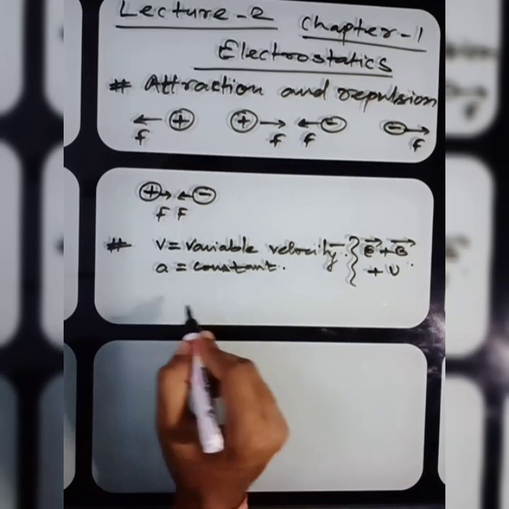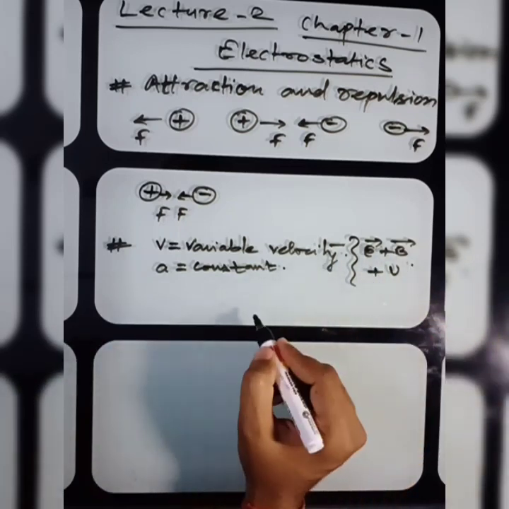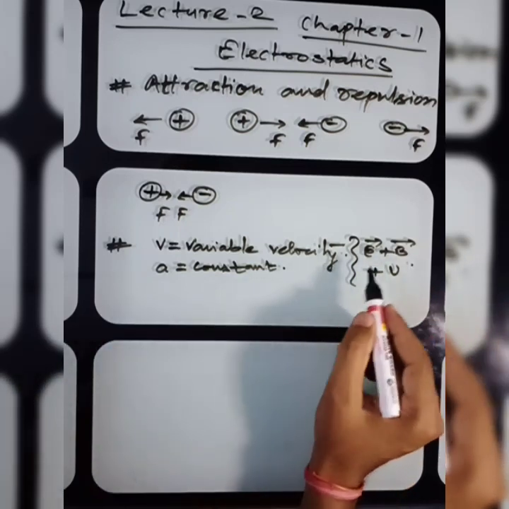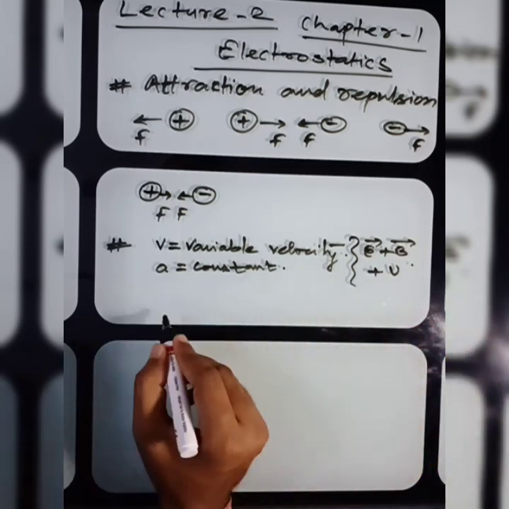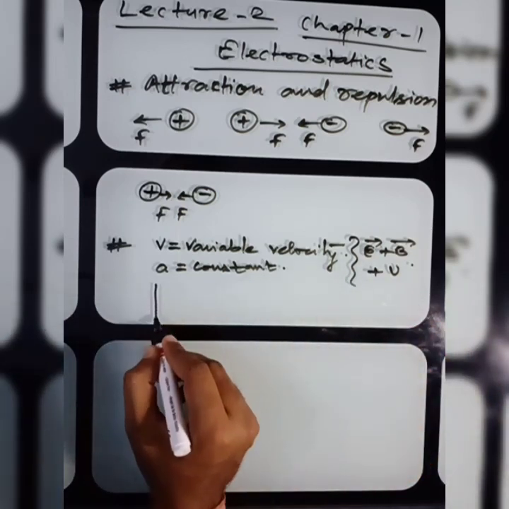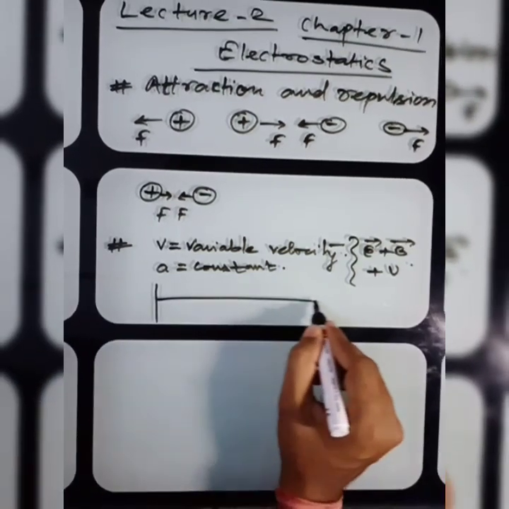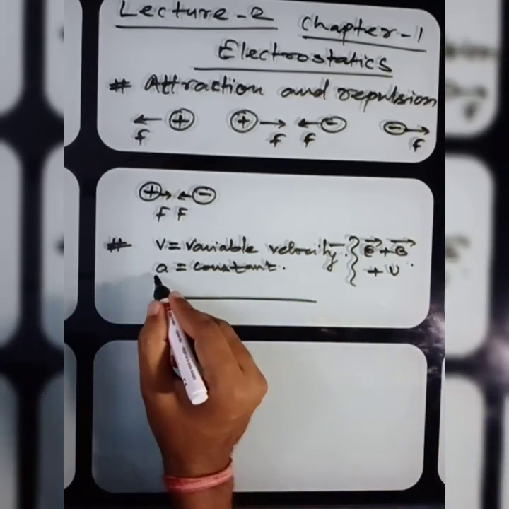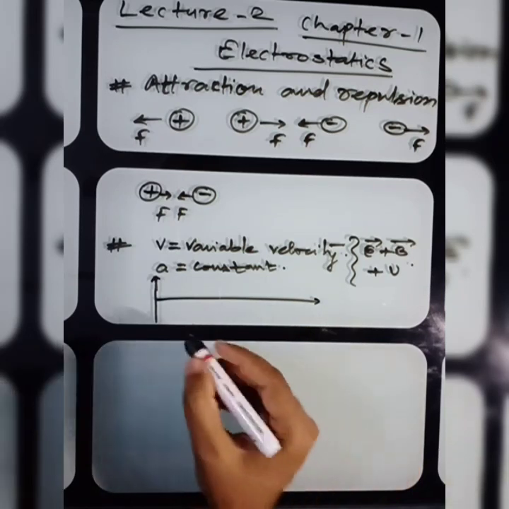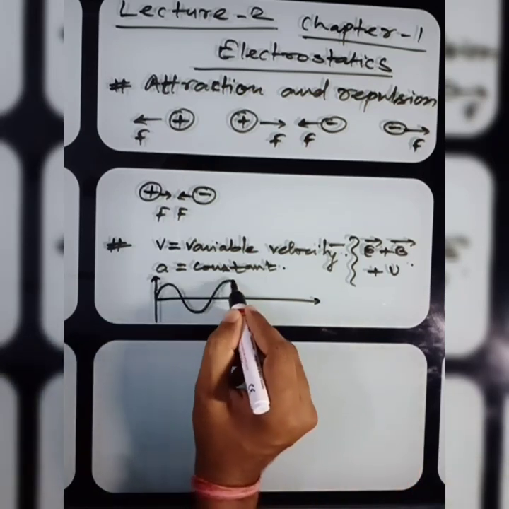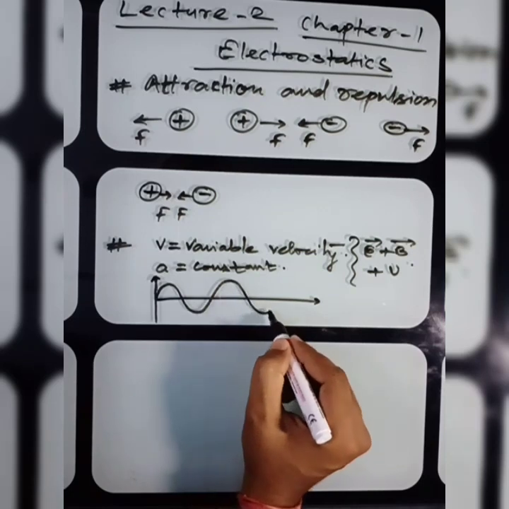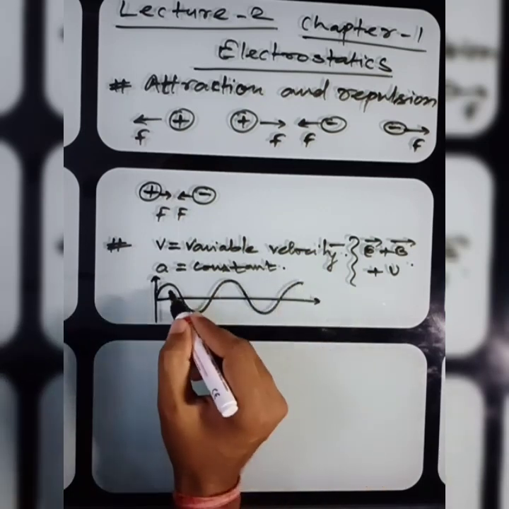So for the electric and magnetic field, a very famous question has been asked for 1 mark in CBSE: what are the directions of the electric and magnetic field? Try to visualize, student. This is the wave of electric field I am drawing over here.